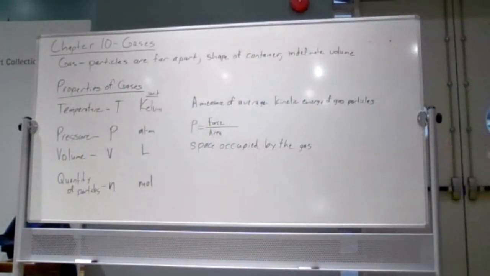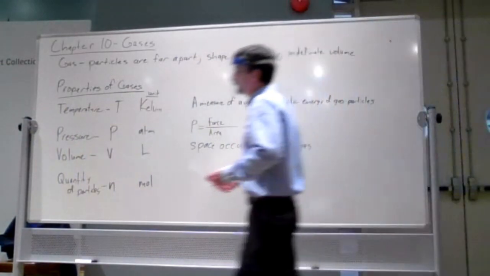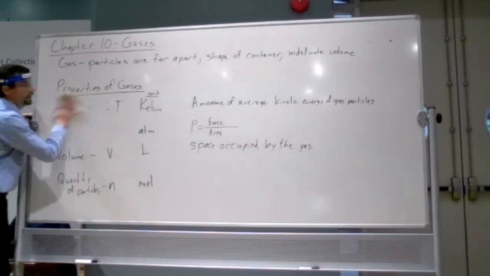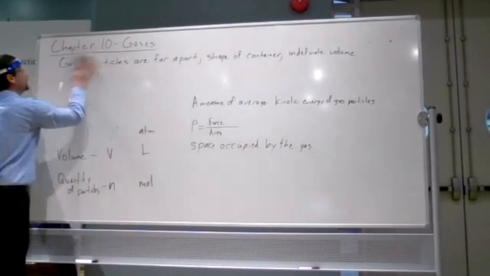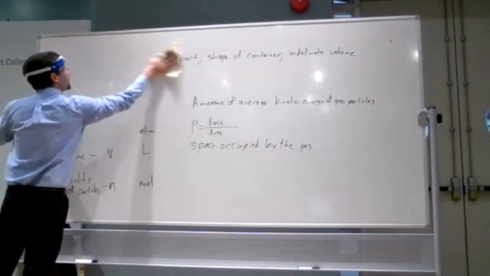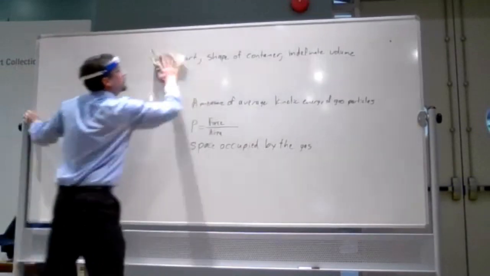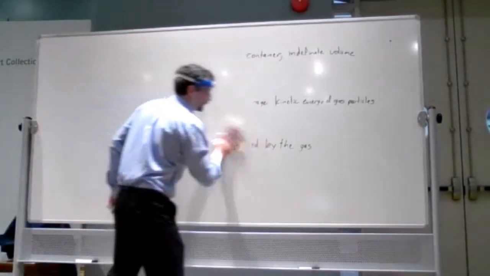Number of particles. Okay, so let's hop back to this idea of pressure for a moment. We'll play with some balloons, and then after we talk a little bit about pressure and how that's measured, we'll move on to some simple gas laws.